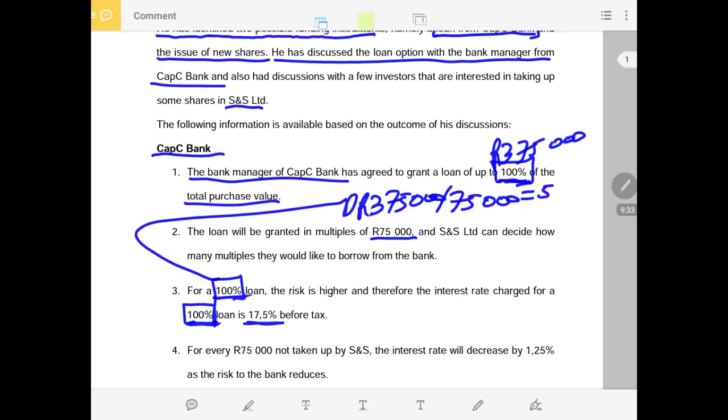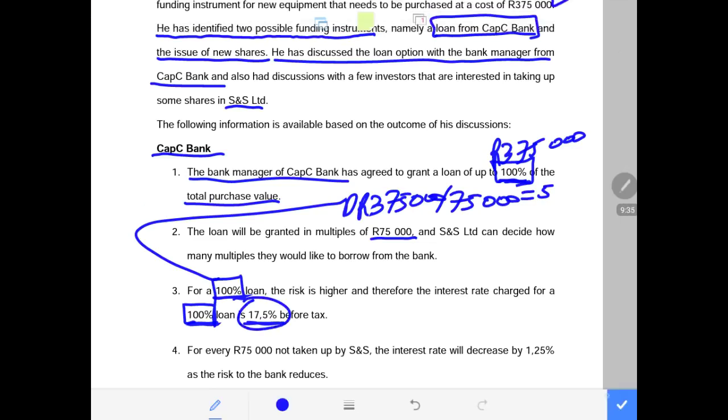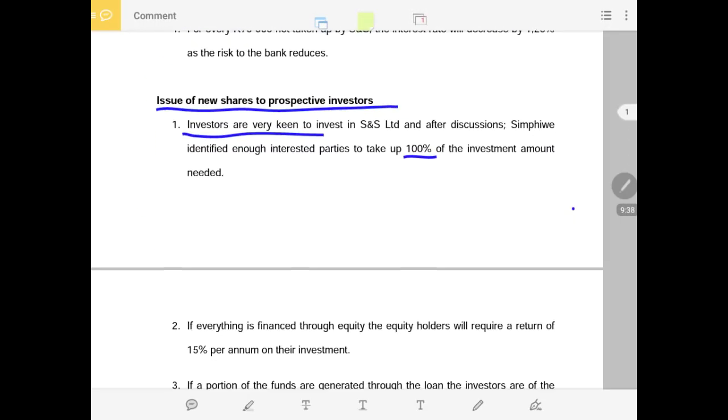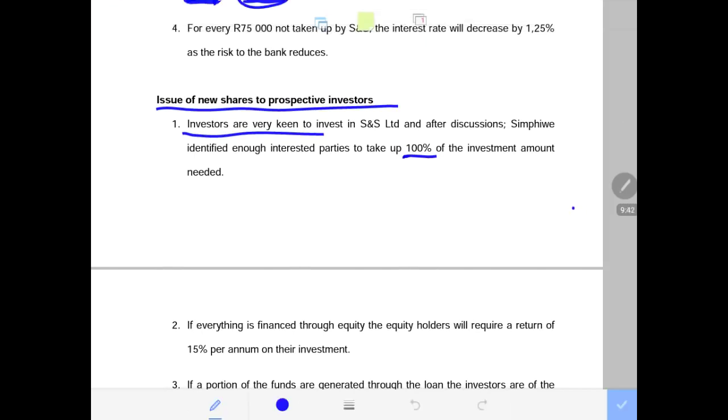And the interest rate of the bank is 17.5%. And at the same time, investors through the issue of shares are very keen and willing to give the entire 375,000 rands. Therefore, now the question is, which option will best suit the company in order to buy this new equipment?